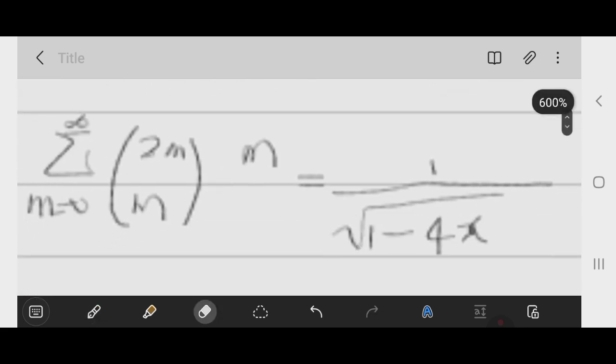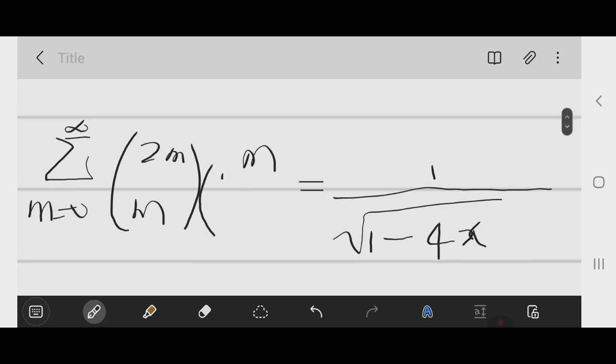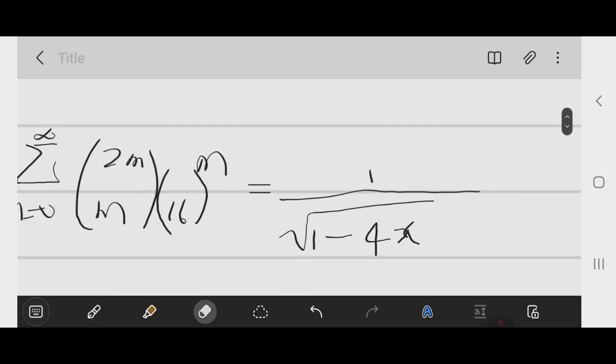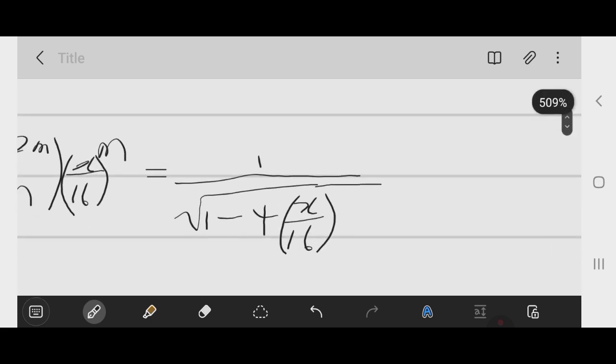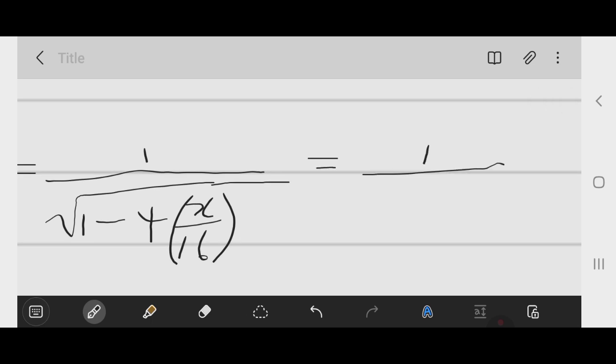So instead of x now, I'll replace this with x over 16. Sorry. And this other part with x over 16. Proceeding, I have that this is 1 over square root of 1 minus x over 4.